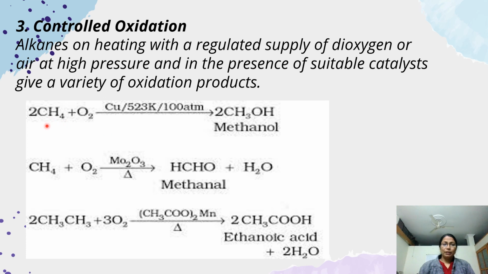That is, when methane undergoes oxidation in the presence of copper at 523 Kelvin and 100 atmosphere, we will get methanol. अल्कोहल बनाता है ये. So methane, an alkane, is converted into alcohol on oxidation. Now, when CH4 is oxidized in the presence of Mo2O3, we'll get an aldehyde, that is methanal, HCHO, along with water.